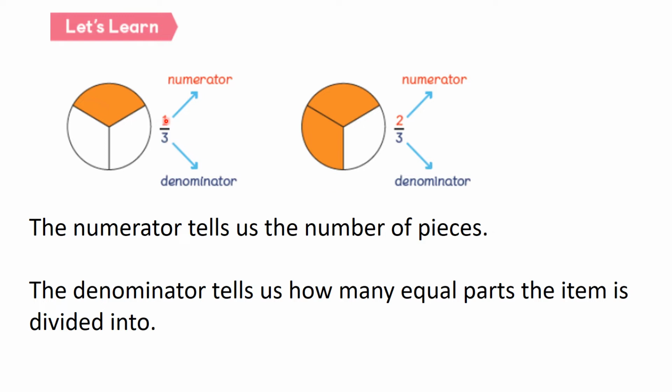So here 1 piece has been shaded, and here 2 pieces have been shaded. The denominator tells us how many parts the item is divided into. And this circle has been divided into 3, so the denominator is a 3, and this circle has been divided into 3, so the denominator is 3 again.